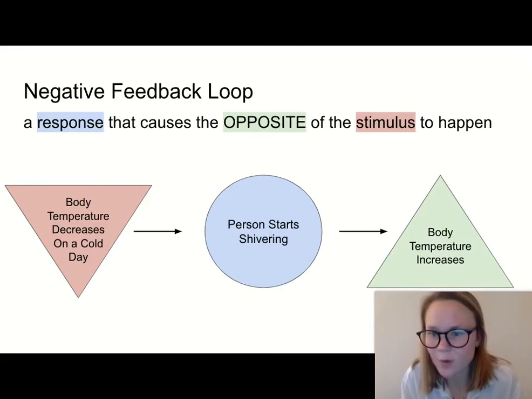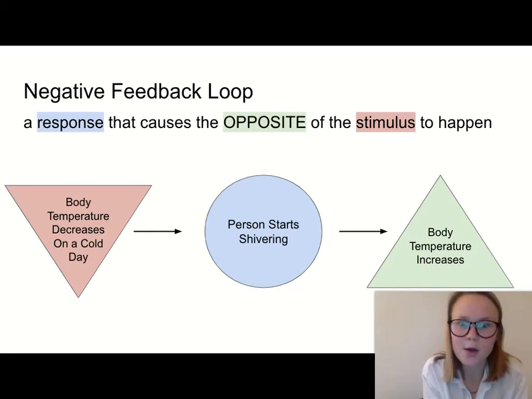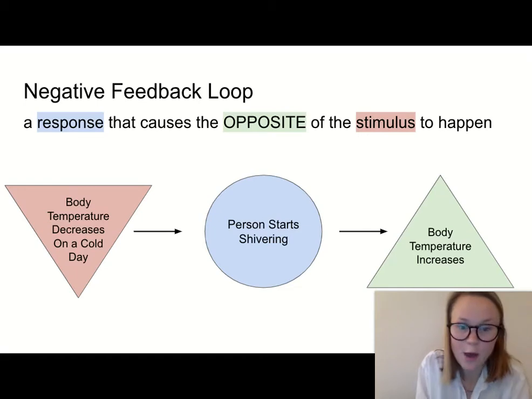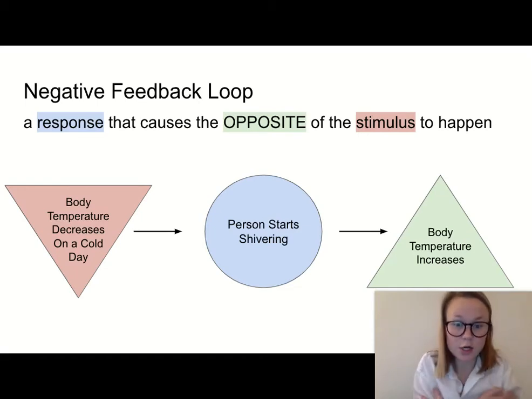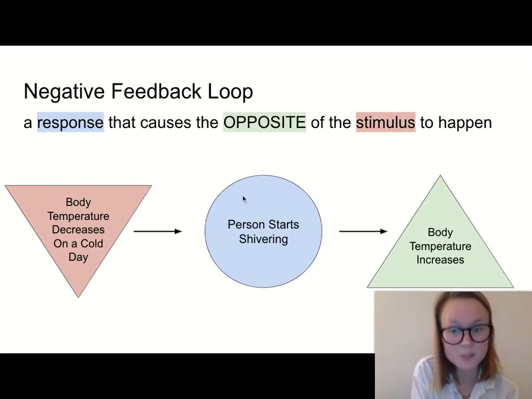In this example, a person's body temperature decreases on a cold day. So think about if you were to go outside in the middle of winter without a coat on, you would start getting cold, and so your temperature would decrease. Your response to that stimulus is going to be to start shivering.